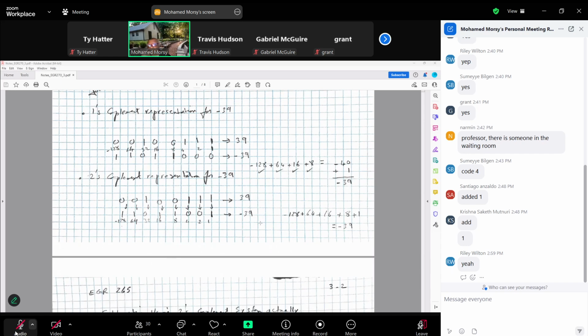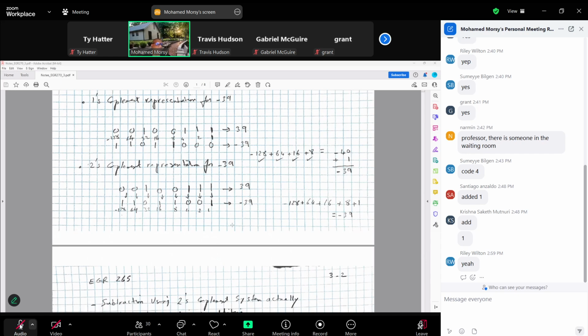Now, 2's complement representation. To convert positive 39 to minus 39, how do we do it using 2's complement representation? Again, we copy the bits until we reach bit 1.